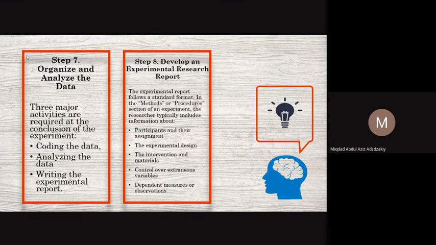The experimental report follows a standard format. In the methods or procedures section of an experiment, the researchers typically include information about participants and their assignment, the experimental design, the intervention and materials, control over extraneous variables, and the last is dependent measures or observation.